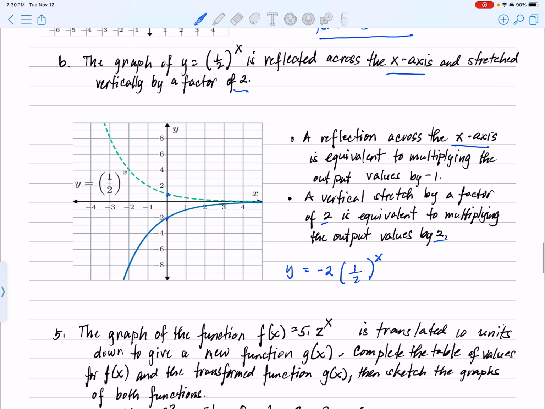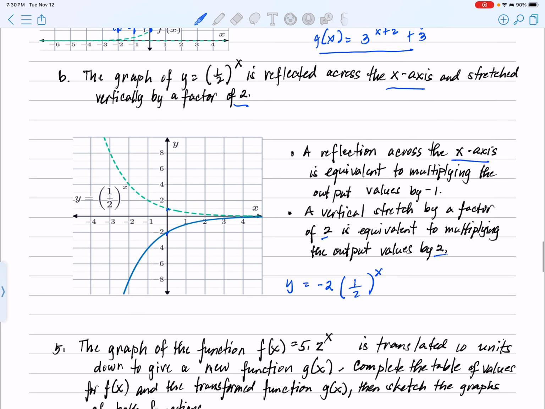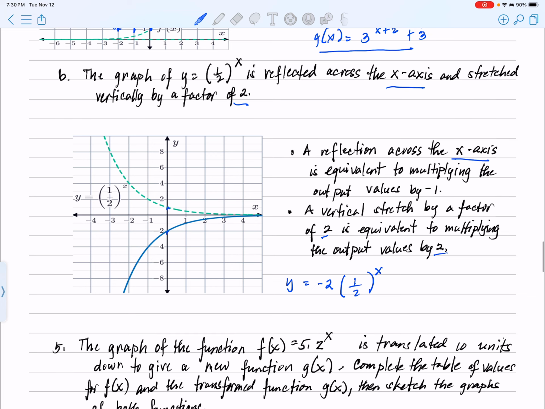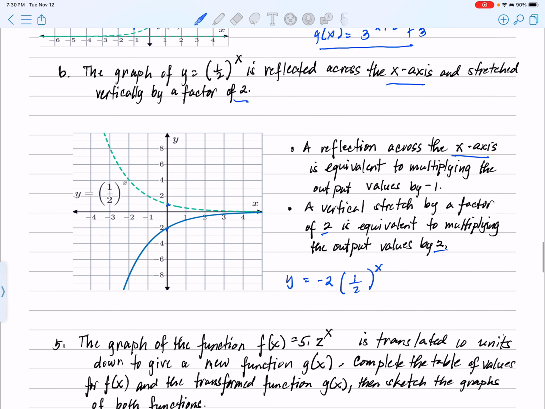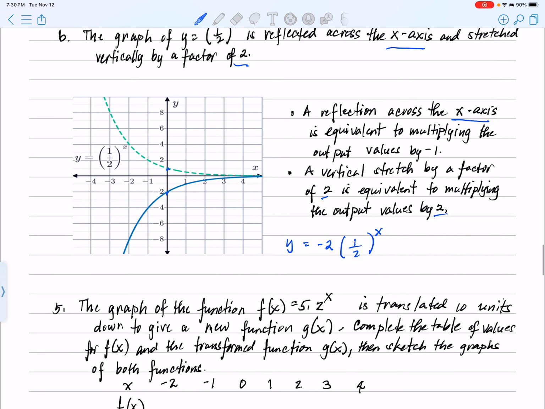All right. So if we try to check, let's do this by having a table. I'm going to transfer here: y equals -2 times 1/2 to the power of x. I try to make a table out of the graph.